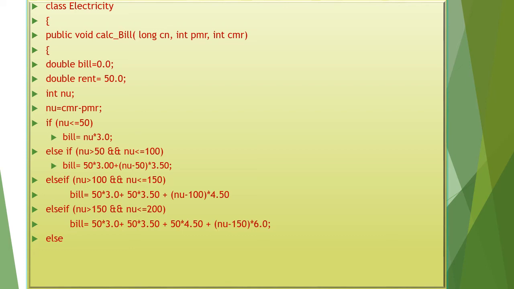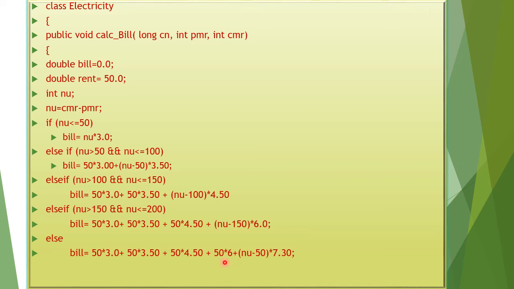Else means if the number of units exceeds 200, the bill amount to be paid is 50 star 3.0 plus 50 star 3.50 plus 50 star 4.50. That means for the units from 100 to 150, 4.50 rupees per unit, and for the units from 150 to 200, 6 rupees per unit.